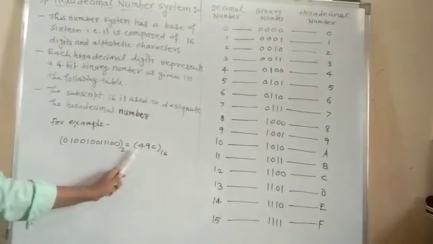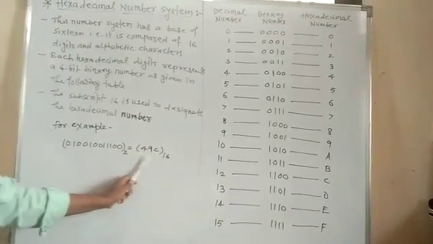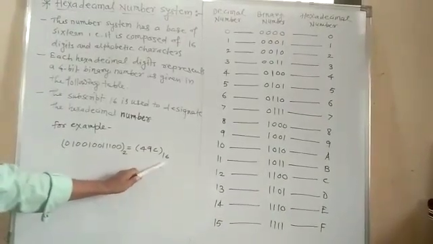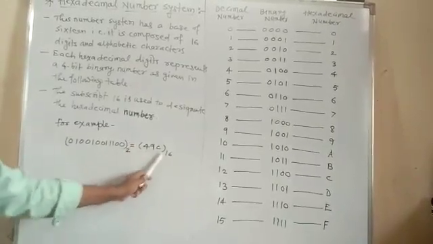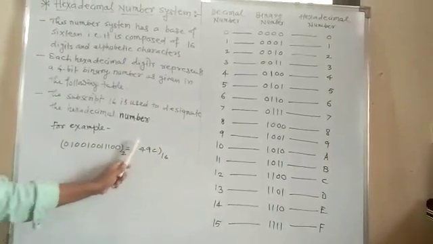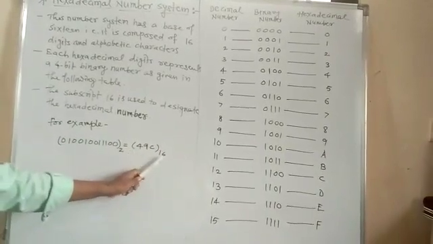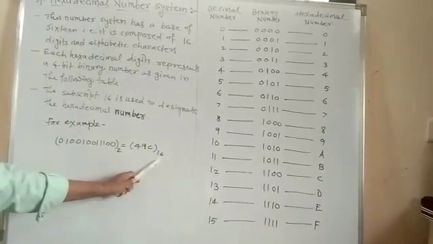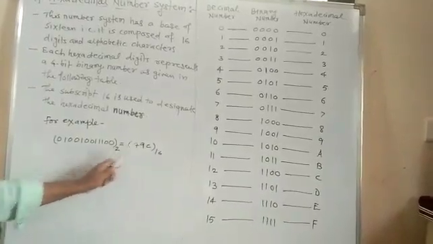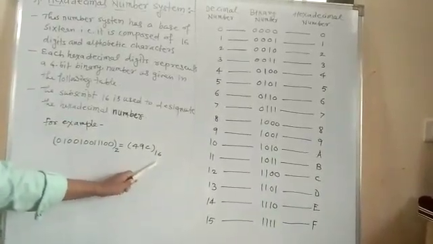Why 16? Because this number we have written in hexadecimal number system, 49C. This is the hexadecimal number represented here, and that's why the subscript 16 is used. Here 2 means binary, 16 means hexadecimal.